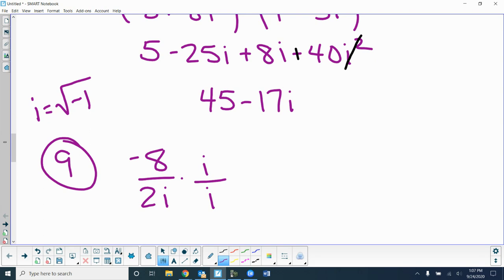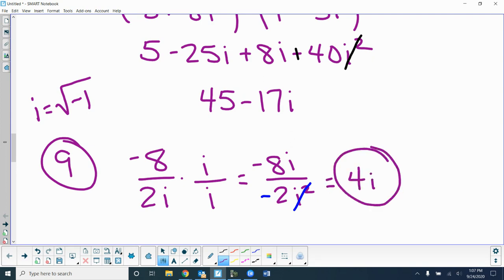That's okay. Did anyone multiply by negative 2i? Negative 2i would be like its conjugate, I guess. But really all we need is an i, so we can get an i squared. Then we just change it to negative 2. So negative 8 times i for the top numerator, and 2i times i is 2i squared, which, again, I can make negative 2. So negative 8i divided by negative 2 is a positive 4i.